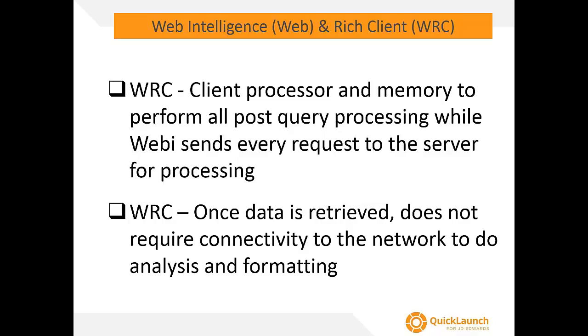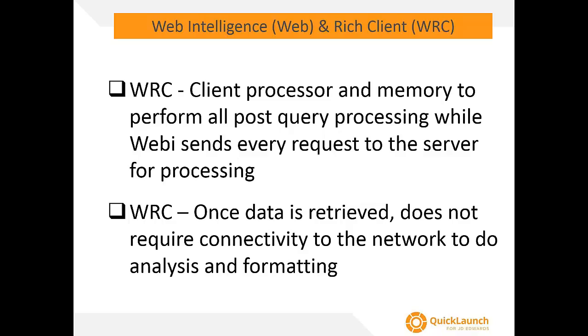So the difference with the rich client, and we'll open it up just so you see how you get to it, is you open it up, select authenticate with Business Objects, grab either a universe or an existing web intelligence report, open it up in the client on your desktop, and from that point, everything as you're formatting and grouping and doing your analysis within web intelligence is happening on the local processor instead of passing every request back to the web.